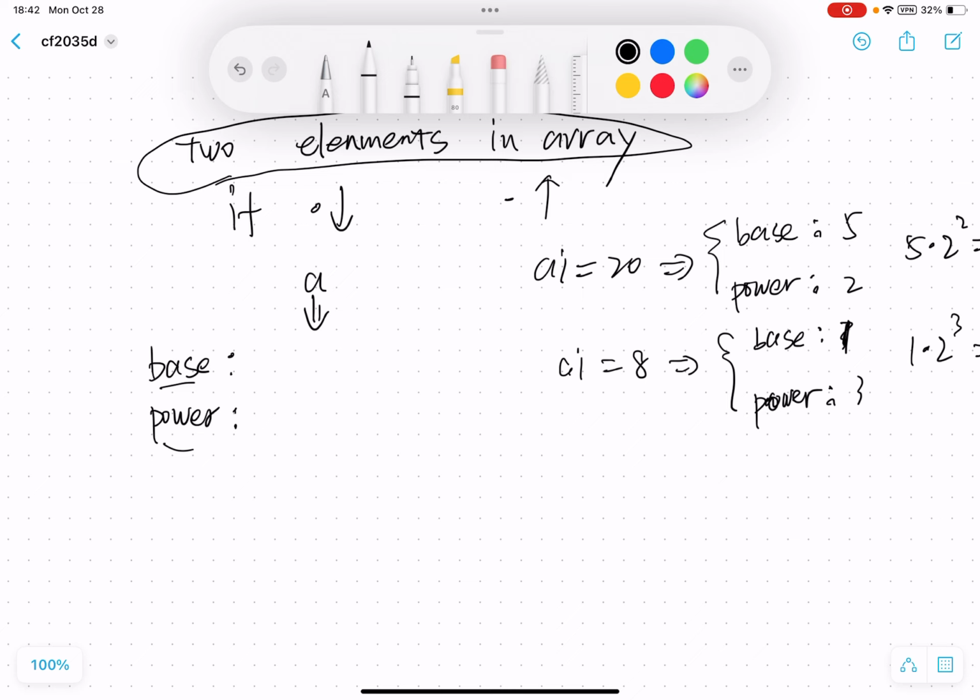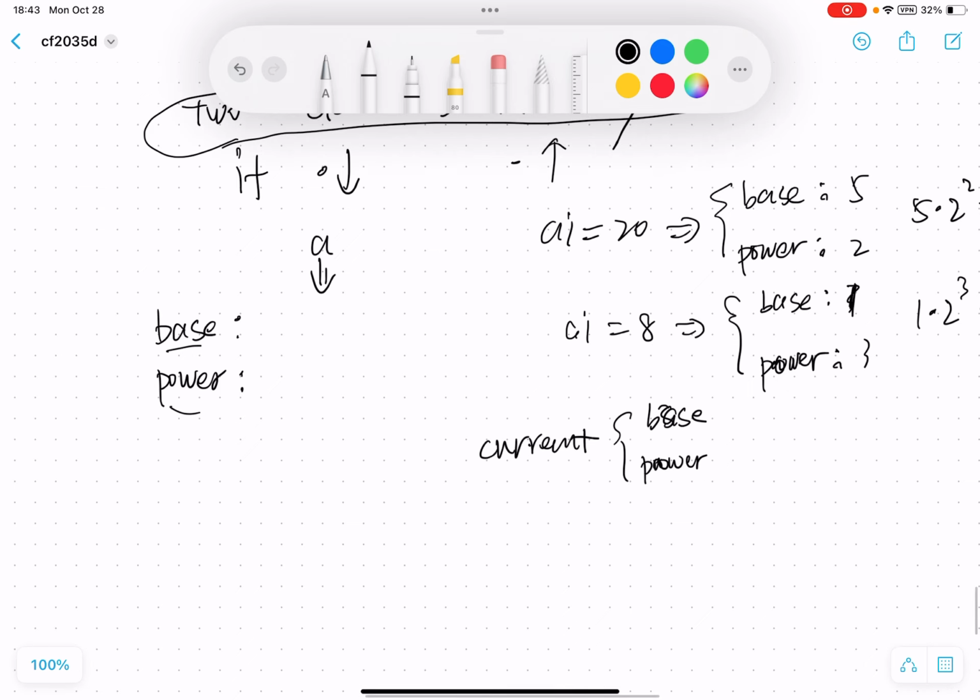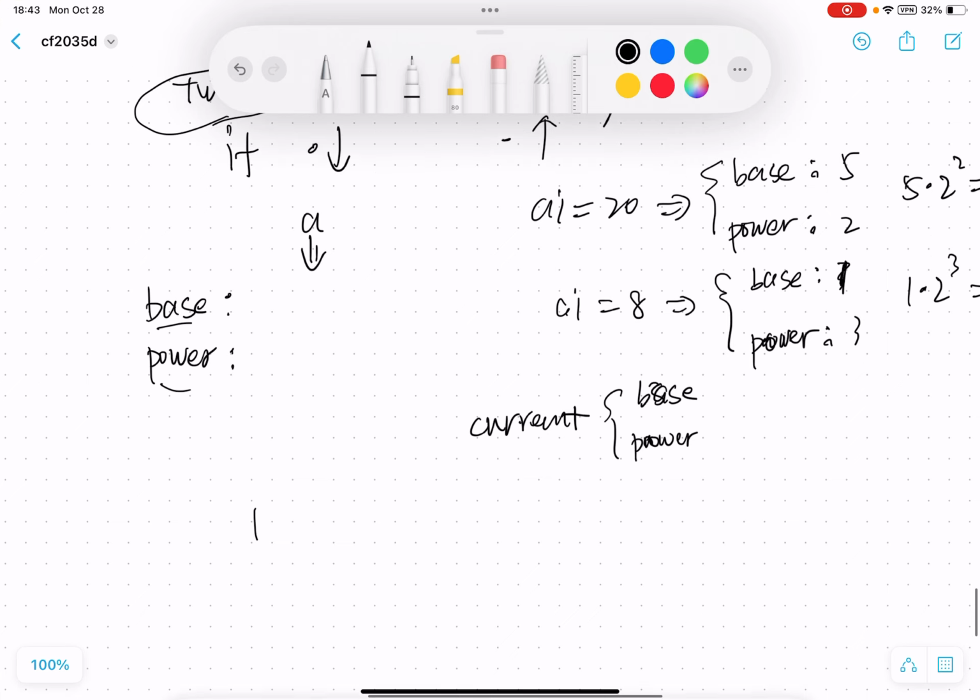As we traverse every element in the array, when we get a new current element, we have its base and power. Let's take two elements: base i and power i, and the second one is base j and power j.